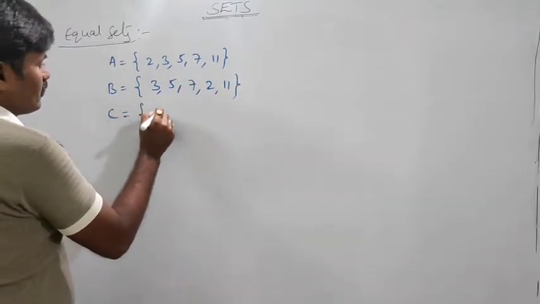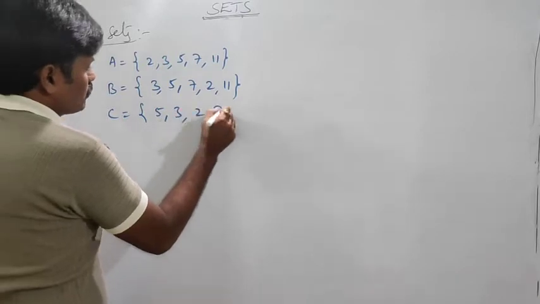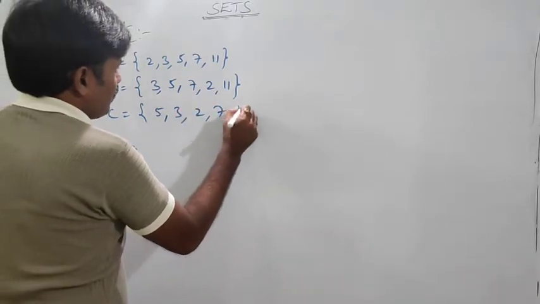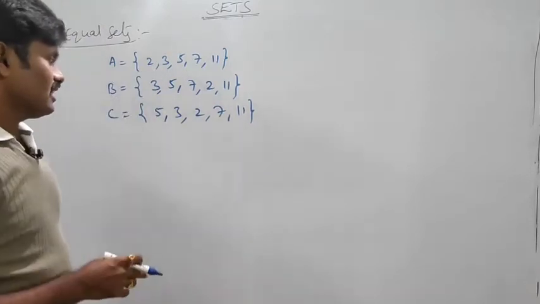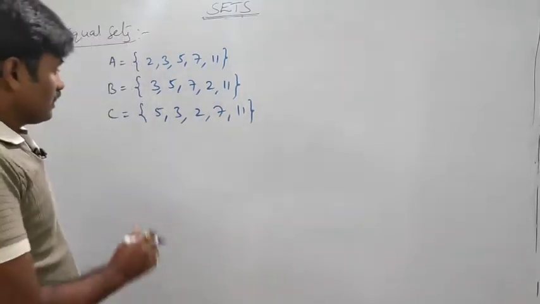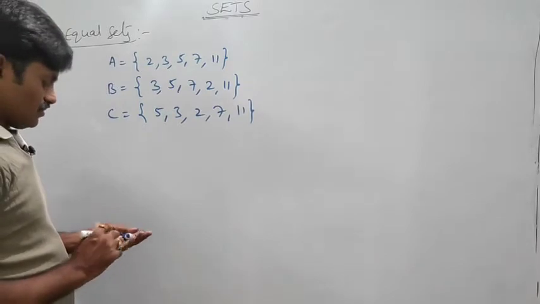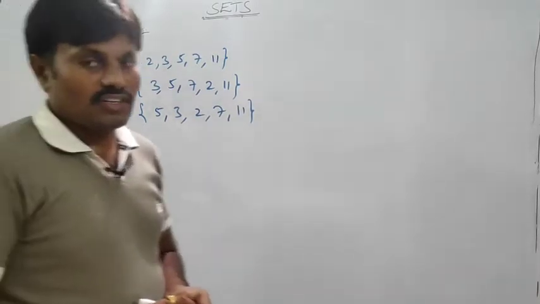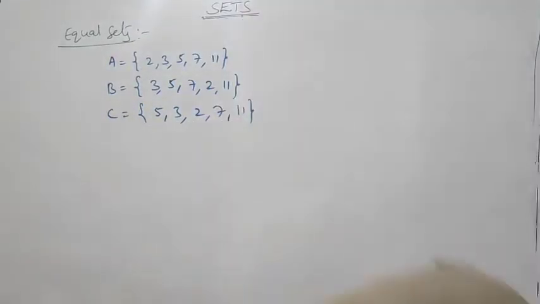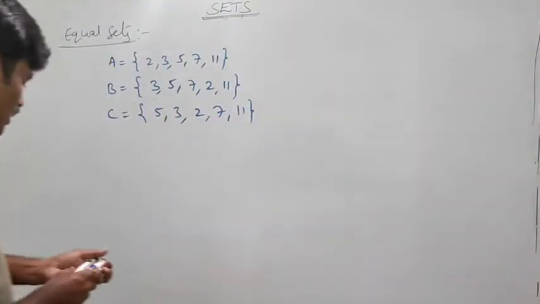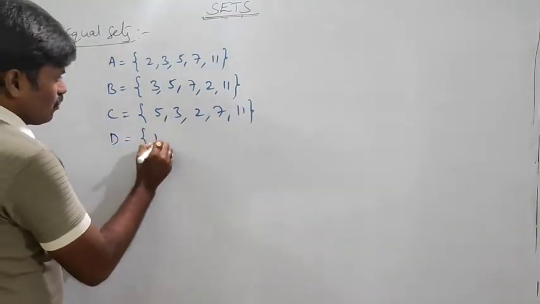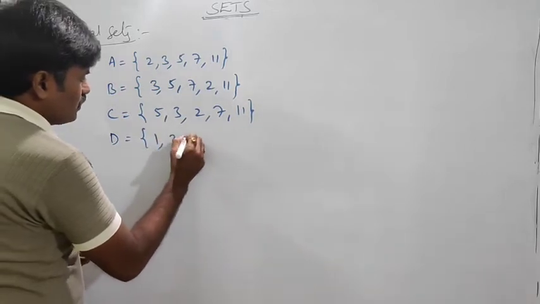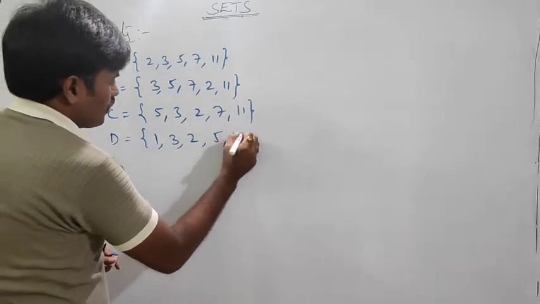Set C like this: 5, 3, 2, 7 and 11. Now observe these three sets. What do you observe in this? And I am taking one more set, that is 1, 3, 2, 5, 11.